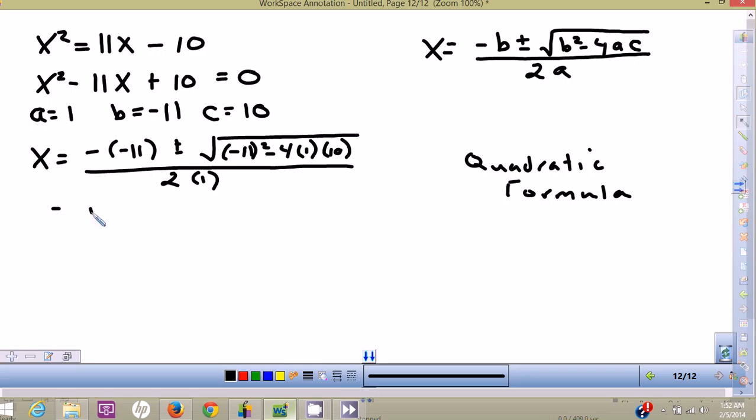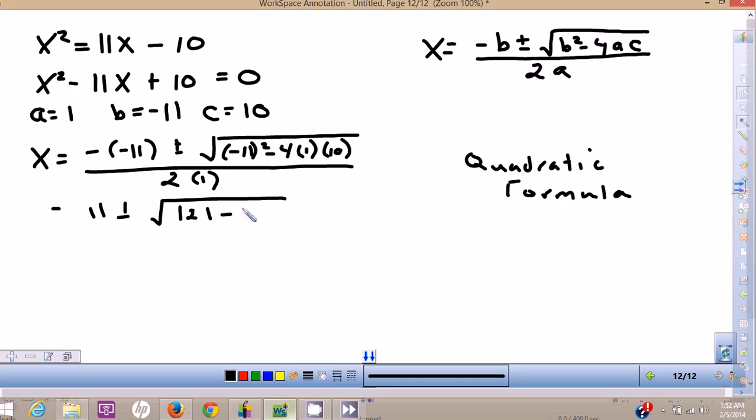So we get 11 plus or minus the square root of negative 11 squared. Notice that that whole term is being squared. It is negative 11 times negative 11, which gives us a positive 121, minus 4 times 1 times 10, 40, over 2.